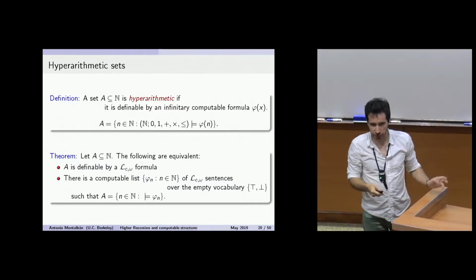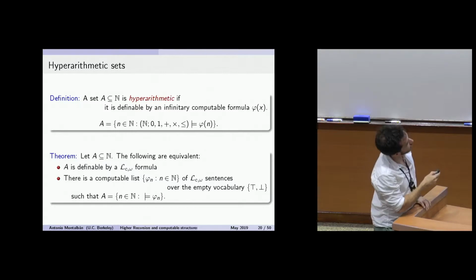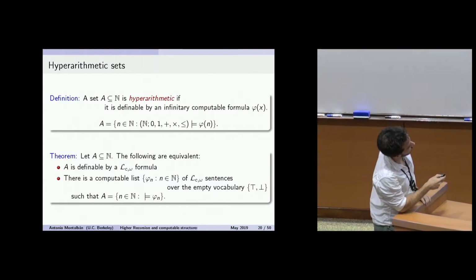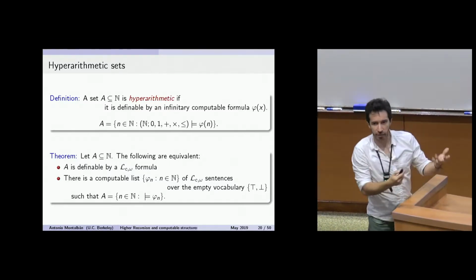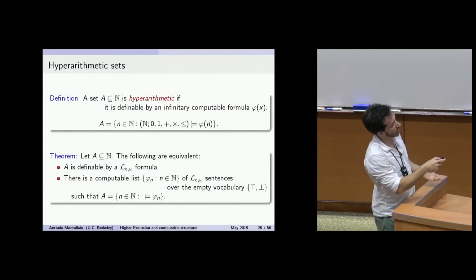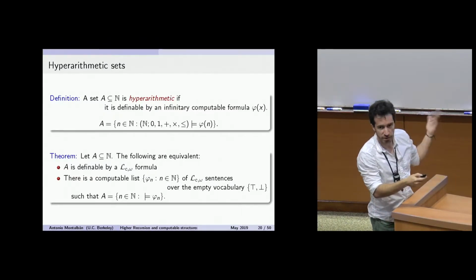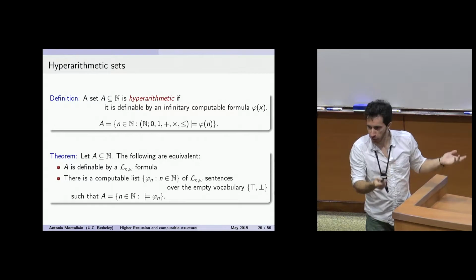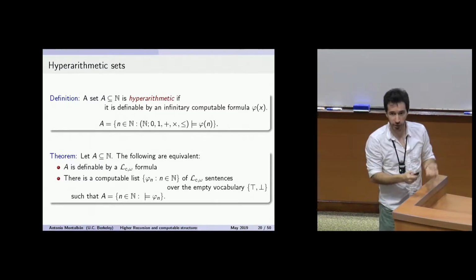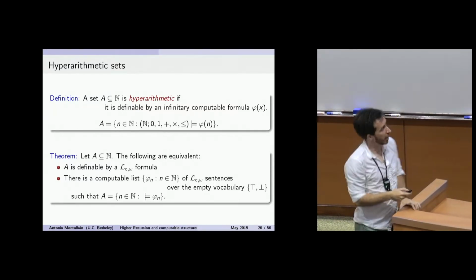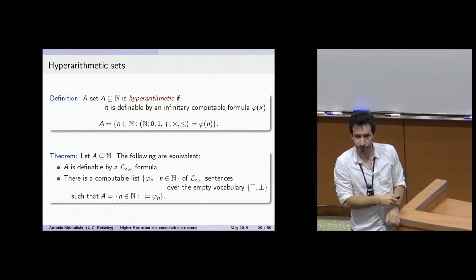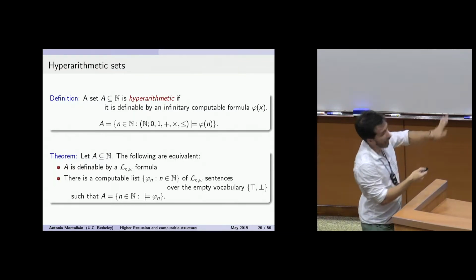of computable infinitary formulas, but over the empty vocabulary. And it's not really empty: I am allowing a top and a bottom, something that is always true and something that is always false, like 0 equals 0 and 0 equals 1, as 2 sentences you're allowed to use. But I'm not using any arithmetic at all.